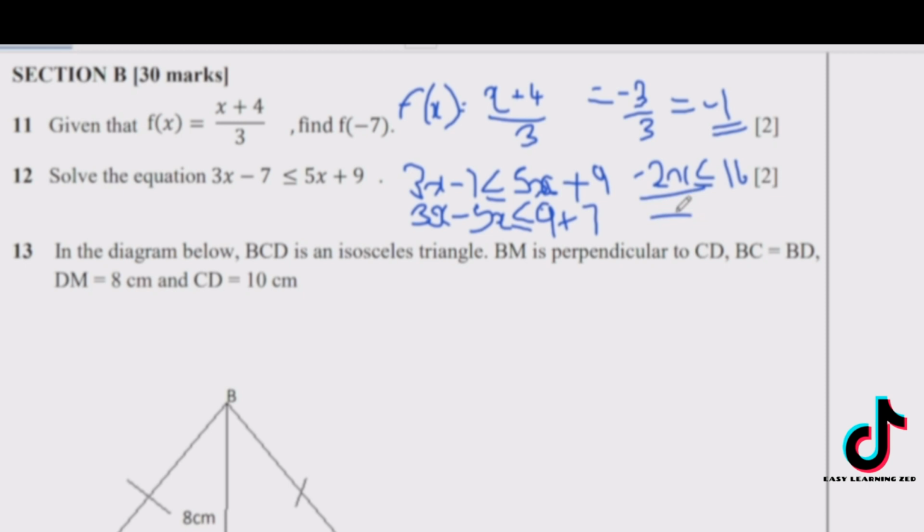We divide this side by -2, and this side we also divide by -2.